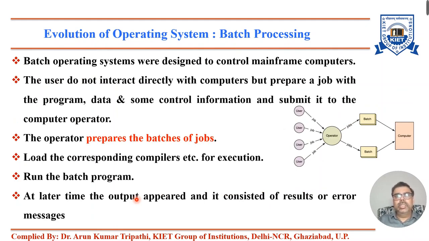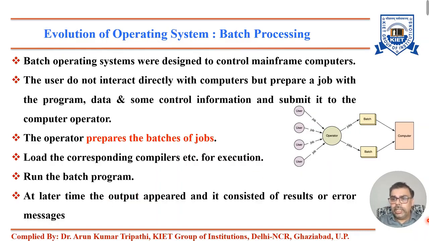Then after, there comes batch processing. Batch processing, basically, in the older days, only one compiler could be loaded at a time. So suppose that I have two C programs, two Java programs, two Pascal programs, and three COBOL programs.